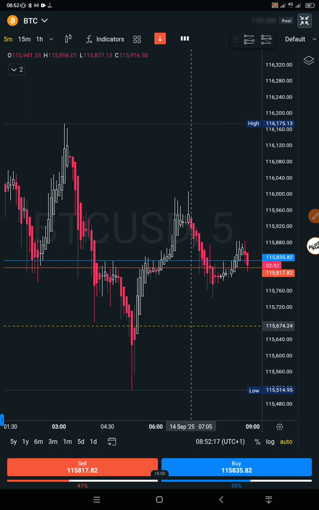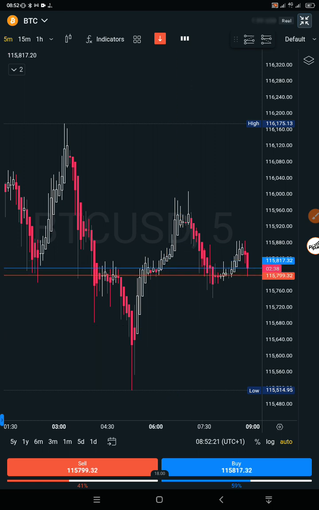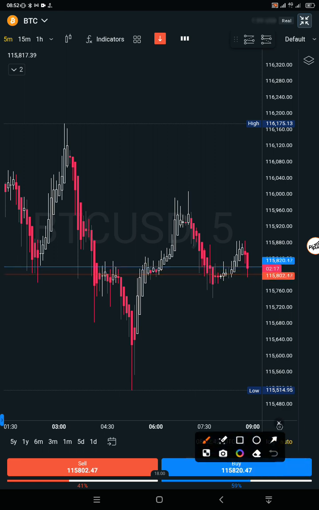And if the candle is very bullish, you will likely not see a tail at the bottom. But by default, every bullish candle has a tail at the top. Now I'm going to show you.